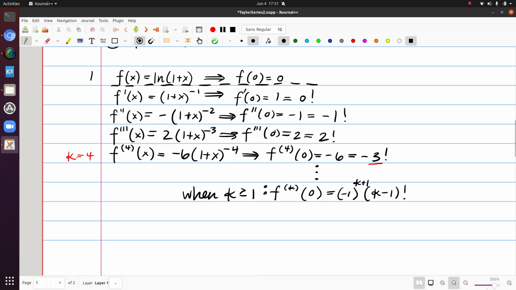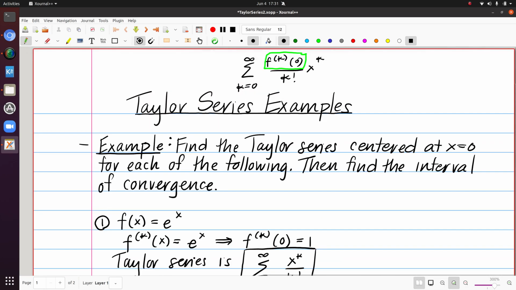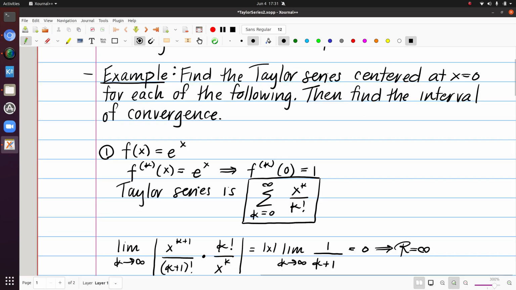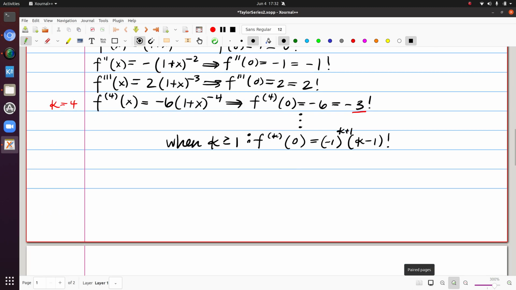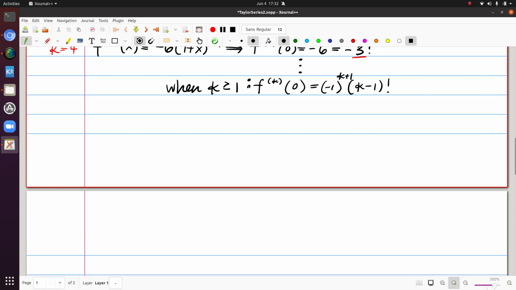Once I find this, now I want to go back and remember that's what we plug in for the green box here. So the Taylor series is, so first of all, we're going to put in this up top.